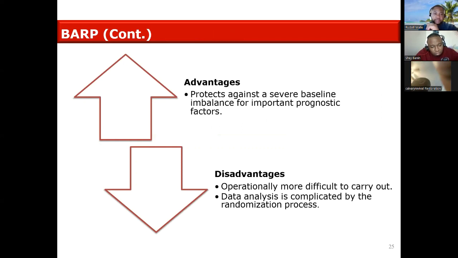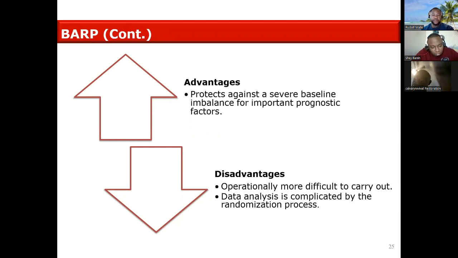Advantages and disadvantages. The baseline adaptive randomization process has the advantage that it protects against severe baseline imbalance, because there might be times when they're enrolling patients during the baseline. Baseline is the same thing as screening. During the baseline or screening process, there could be different probabilities as a particular number of subjects come on to the site and enroll.